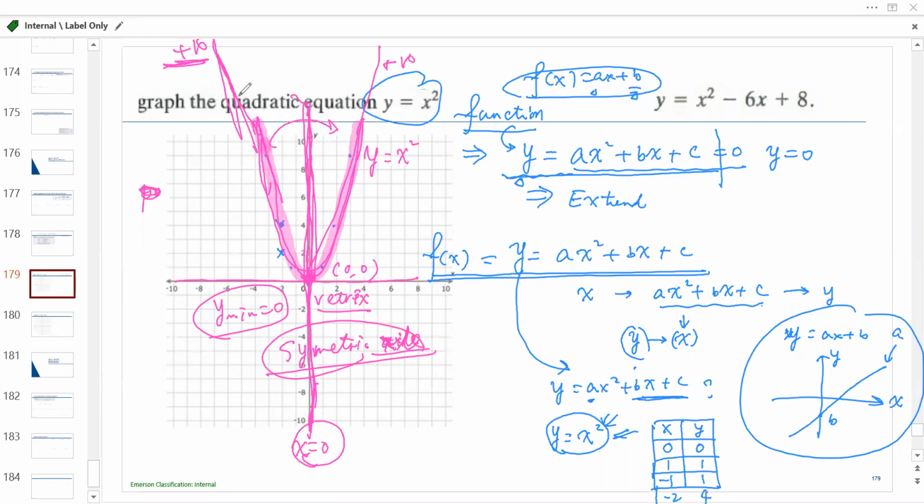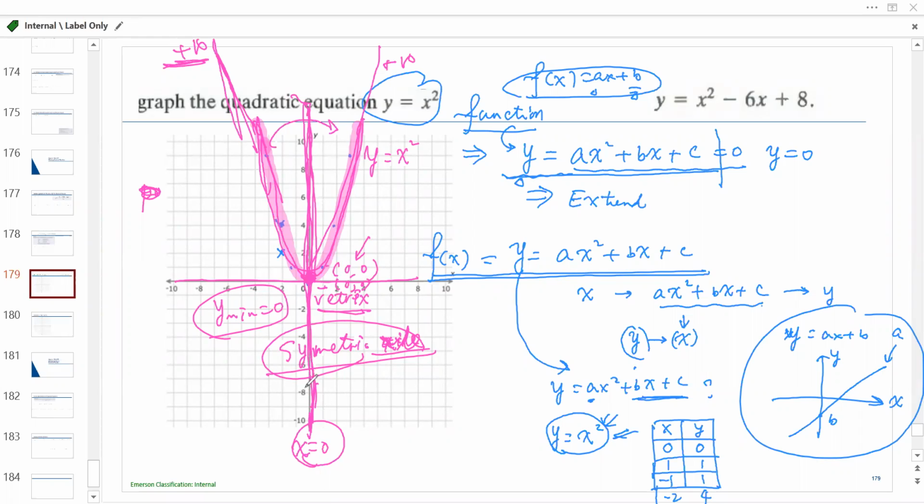This is the symmetry, and they go this way. They have a y-intercept. This is the y-intercept, and they cross it at 0, 0. They also have an x-intercept. This is the x-axis, right? They have an intercept here, also 0, 0. So this point actually serves as 3 things: the vertex, the y-intercept, and the x-intercept.